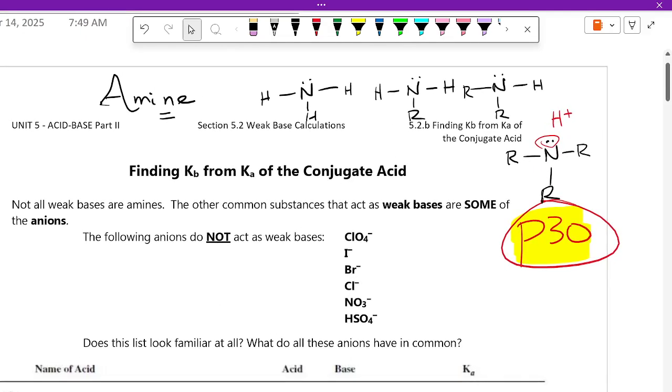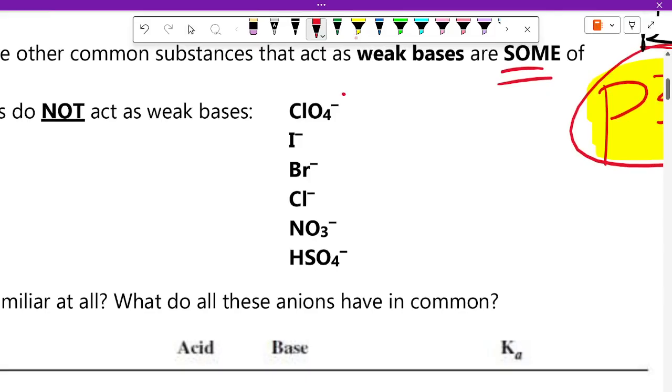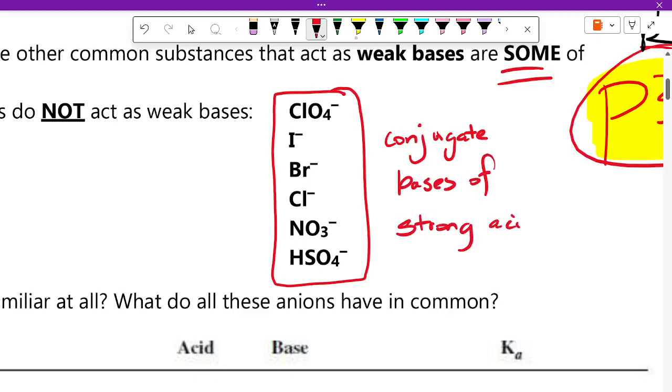Other common substances that act as weak bases are some of the anions. The ones that absolutely do not act as weak bases, we already know them because, what do you know about these guys? What are they? Strong acid. They're the conjugate bases of strong acids. They're not able to act as bases. They cannot accept a proton.